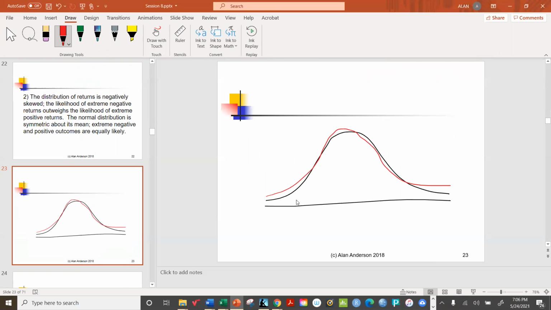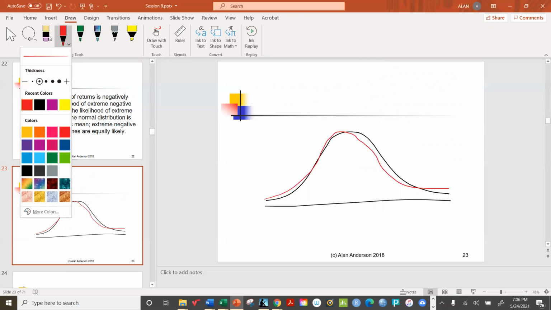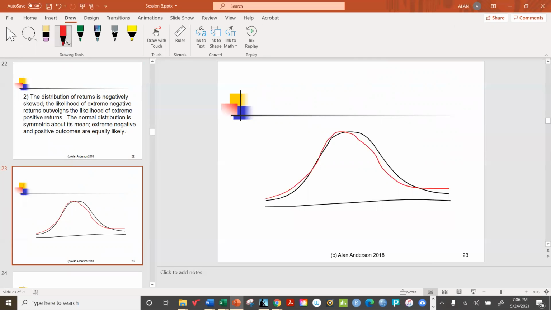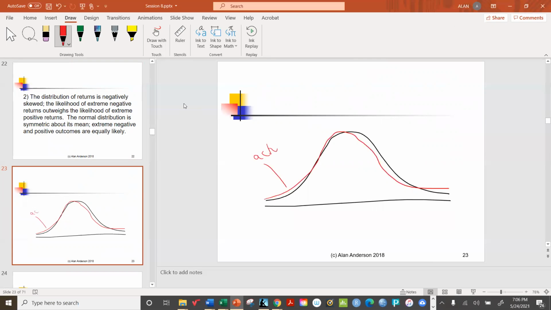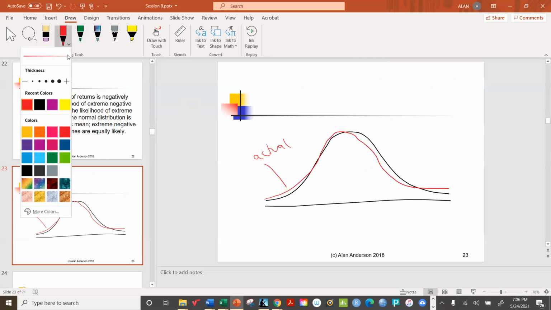I mean, it's a little hard to see. Let me exaggerate it a little bit. What I'm trying to get at is that the actual returns have an imbalance or a bias, you could call it.